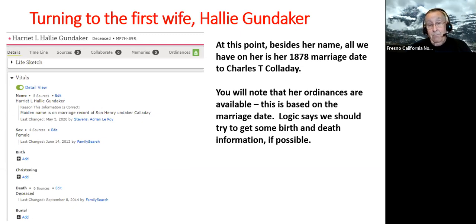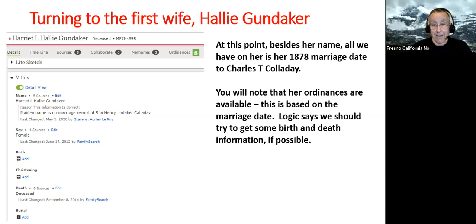Now it's birth, death, or marriage date or place. And with the marriage date in place, her work can be done even though there's no vital information on her. And so that's just the way the system works now. I would not want to do her work with a name, with a setup like this right now. I would definitely want to see more.